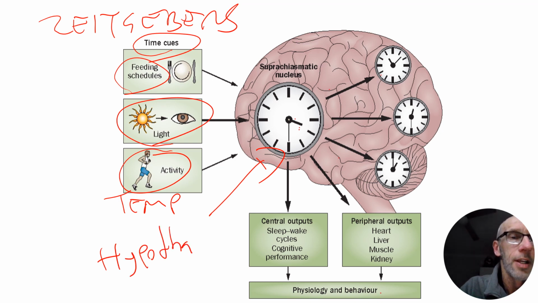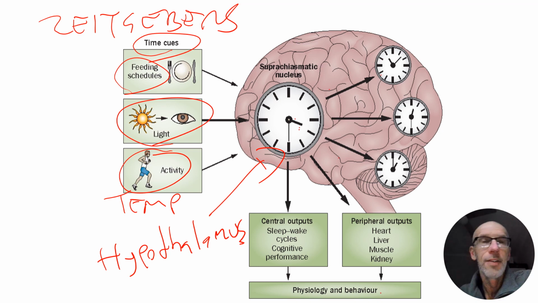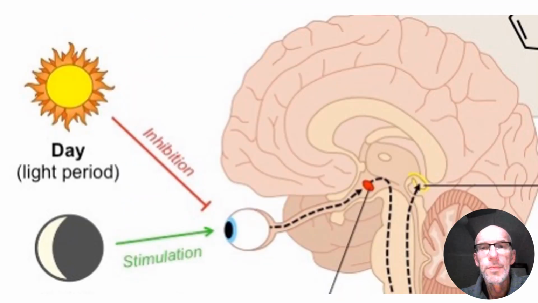The hypothalamus, a key part of the brain that influences gland activity, contains an area made up of a few thousand neurons known as the suprachiasmatic nucleus. It's the suprachiasmatic nucleus that basically directs the body clock, the circadian rhythm, along with a variety of other peripheral oscillators which are beyond the scope of the course.